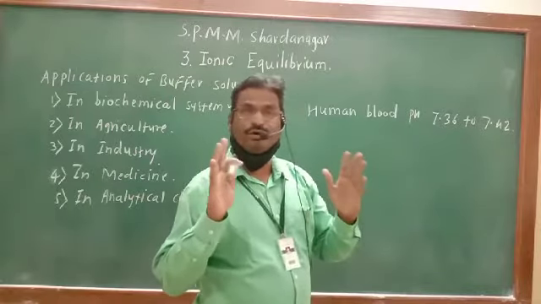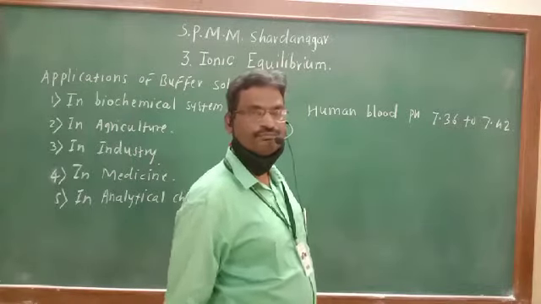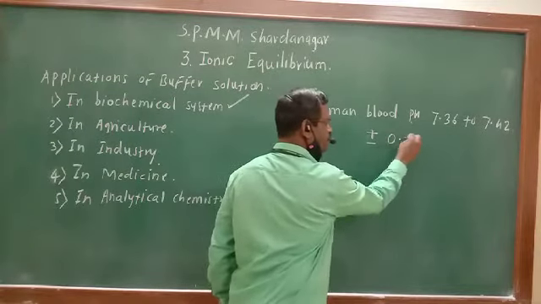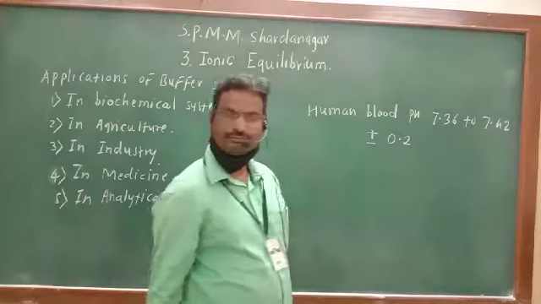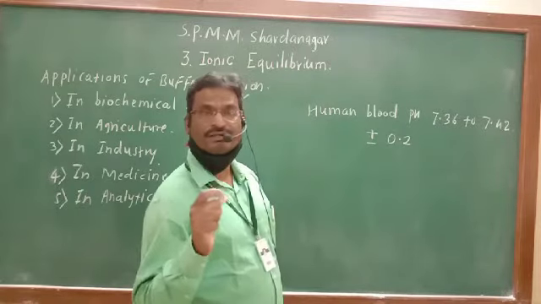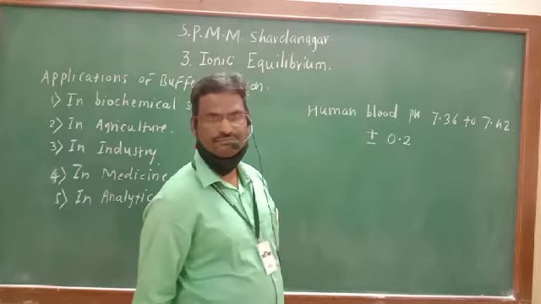A change in pH of plus or minus 0.2 in the human blood may cause death.